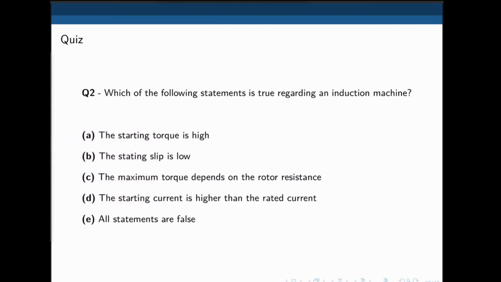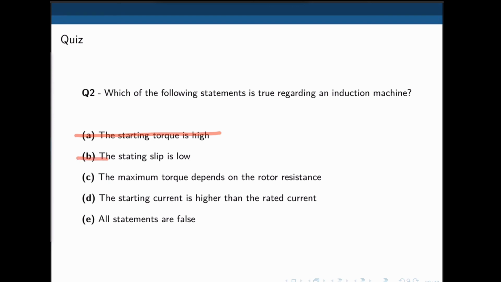Well, the starting torque is not high because of the high reactance of the rotor. So we need some time to develop the current and create a torque. That's why we have this mechanism to shift the point of maximum torque to the beginning. Without that strategy, the starting torque is actually low. So it's not A. The starting slip is low.